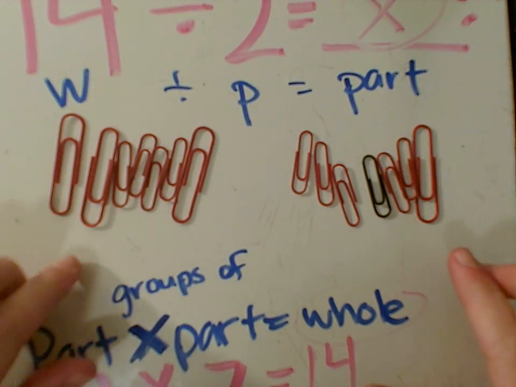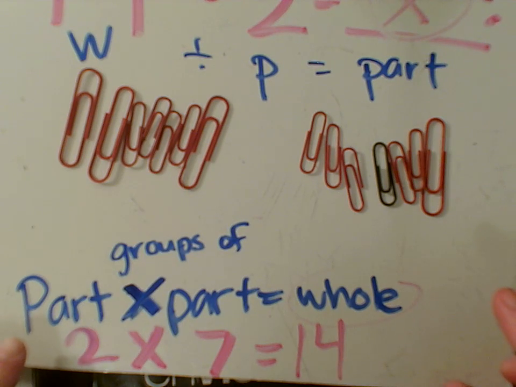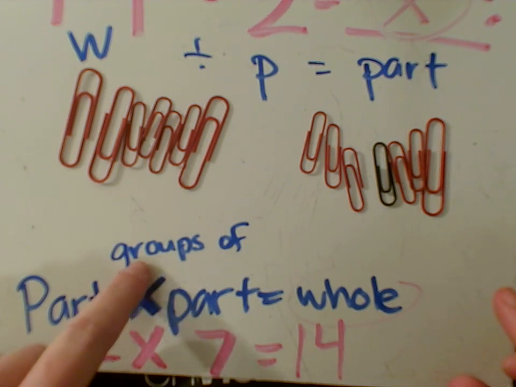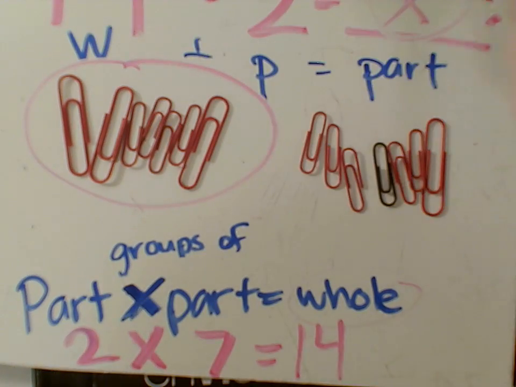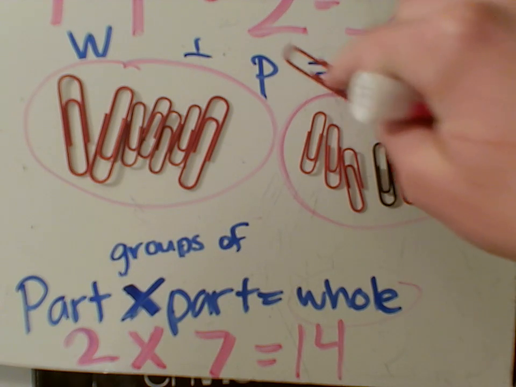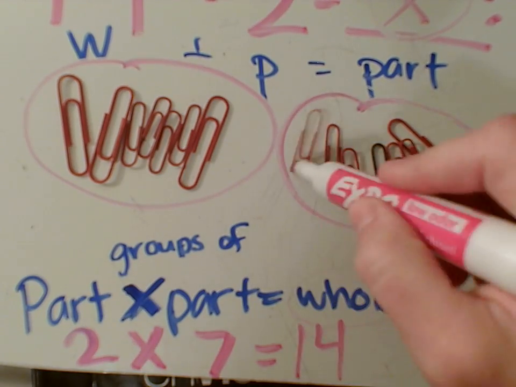So, 2 times 7 can be interpreted as 2 groups of 7. Well, I see one group here and one group here. So, how many groups are there? Say it out loud. 2. There are 2 groups. 1, 2.